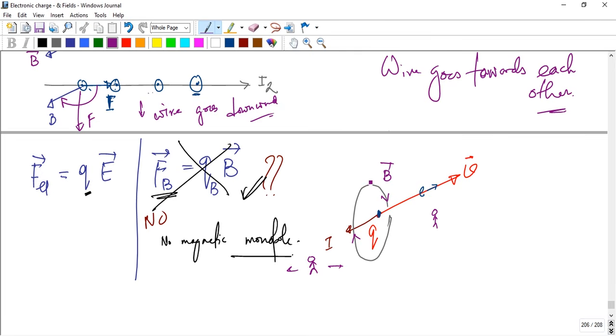So my left side goes up, right side goes down. When you stand here or there, both are in the same direction. Okay. Now that's very important, the B direction.